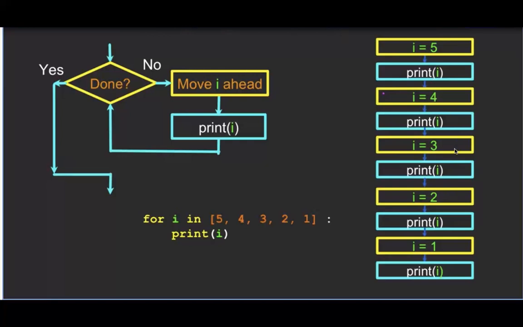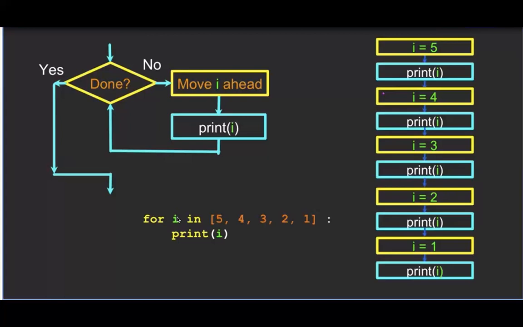For example, it says for i in this list, print i. Here i could be any variable. It could be friends, food, anything.